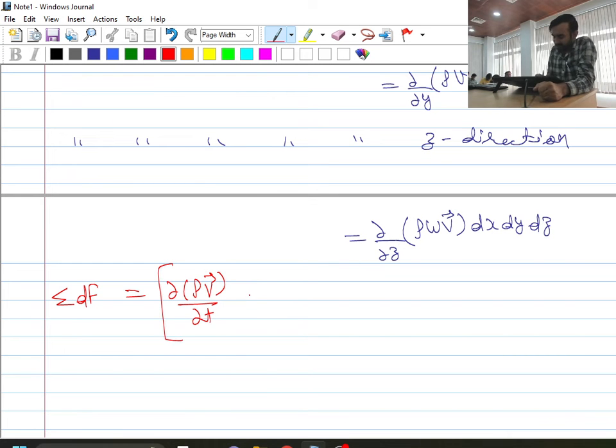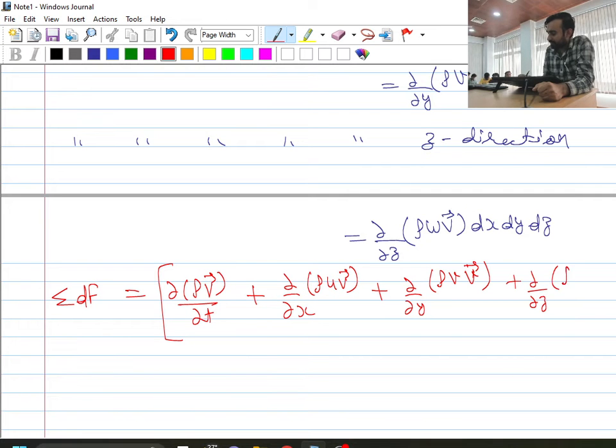So I will put a bracket at the start, into ∂/∂x of ρu V vector plus ∂/∂y of ρv V vector plus ∂/∂z of ρw V vector, times dx dy dz.